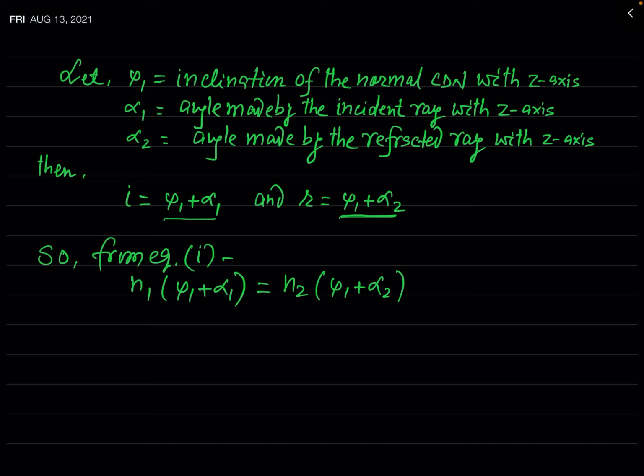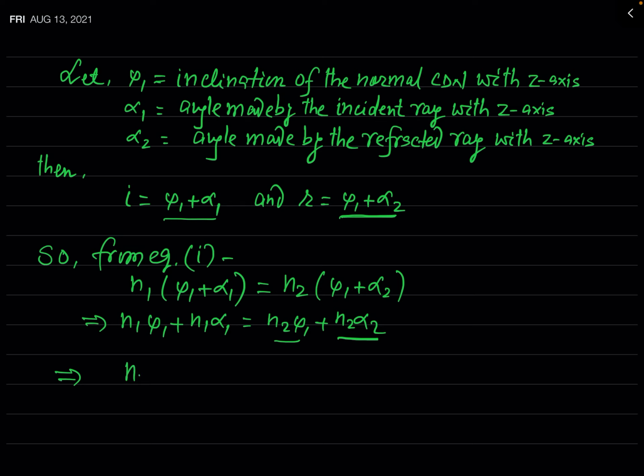Now let us simplify this equation to some extent. See here, you can write it N1 phi 1 plus N1 alpha 1, and that is equal to N2 phi 1 plus N2 alpha 2. And so if you want to find the value of this N2 alpha 2, you will bring this term N2 phi 1 to the other side.